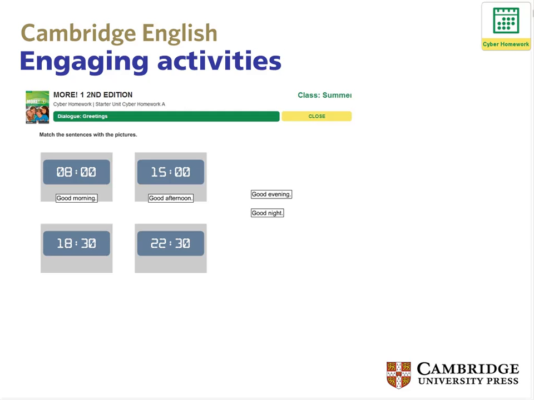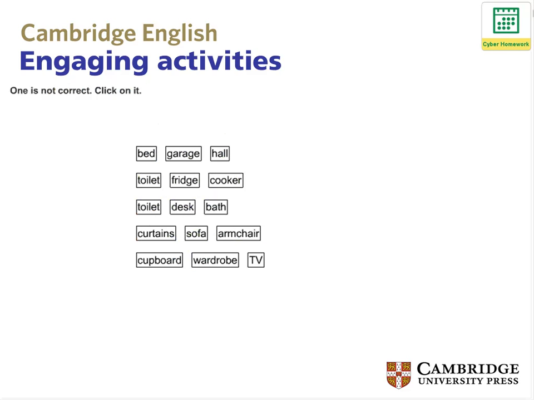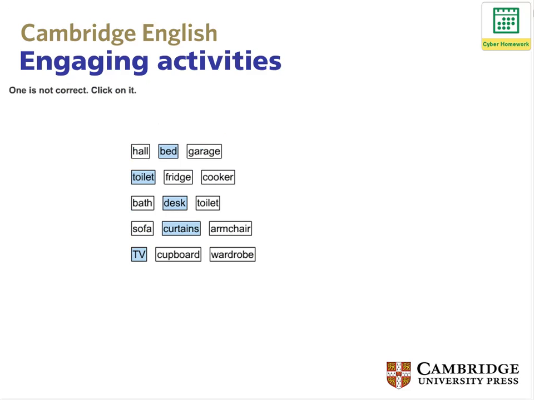Or you can have the type of activities in which students are going to sort out bits of information that are scrambled or unscrambled. Here, students would decide which word is correct or which one is not appropriate for this specific category. And they would complete that information just by clicking on some specific aspects.